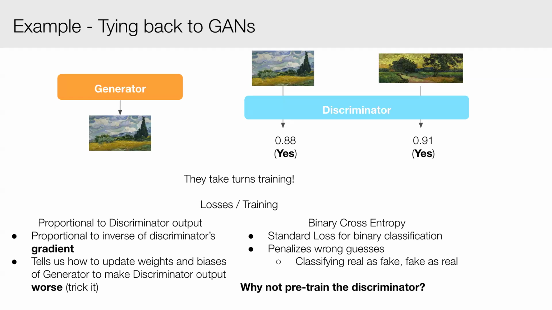Now, if you take the opposite of that, you're learning how to make yours look more like the data set. So the generator's loss is proportional to the inverse of the discriminator's gradient. The entire purpose of the generator is figuring out how to fool the discriminator. Okay.